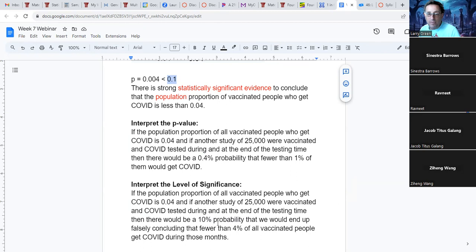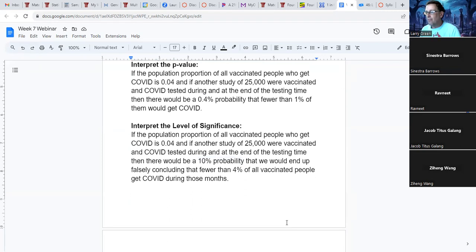So there would be a 10% probability we would end up falsely concluding that fewer than 4% of all vaccinated people get COVID during these months. Okay, that's another way of saying it's the probability of a type 1 error.